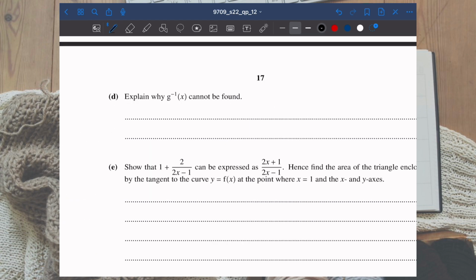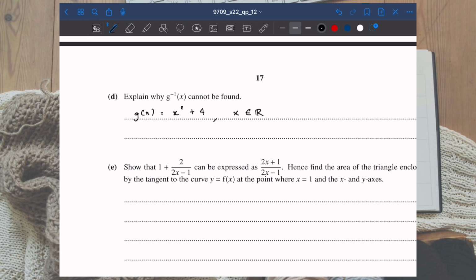Part D. Explain why inverse g(x) cannot be found. So our g(x) was x squared plus 4 for all real values of x. So if we sketch out the graph, it will look roughly like this.